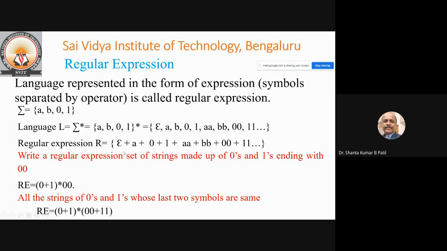Whereas in regular expressions, these strings are separated by the operator plus, so epsilon plus a plus 0 plus 1. So this is what we can call the regular expression.